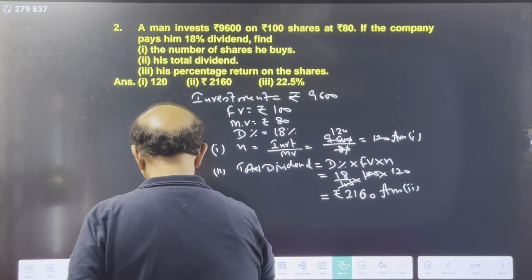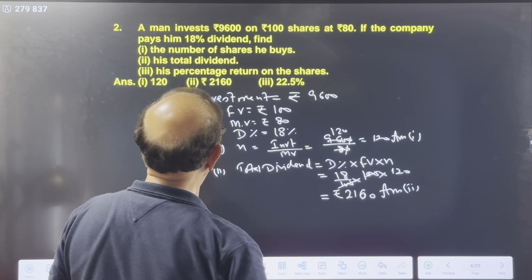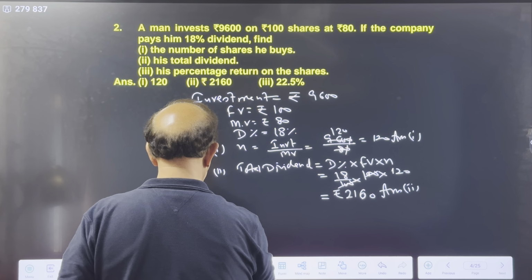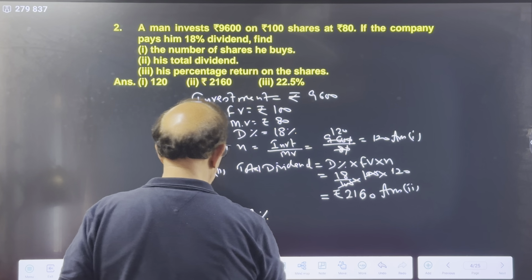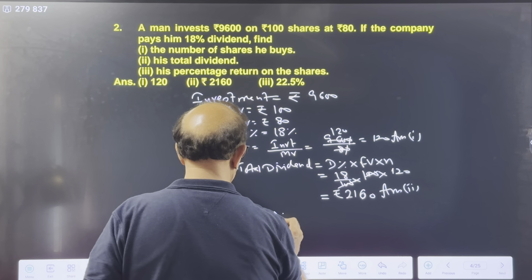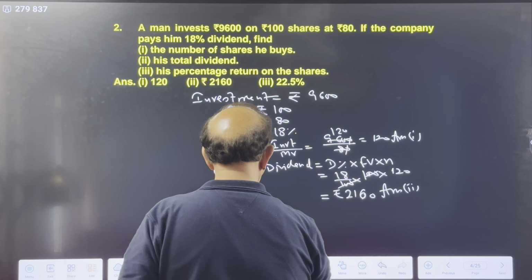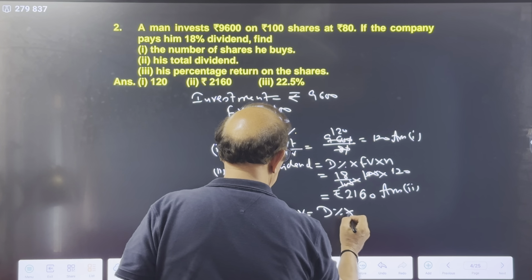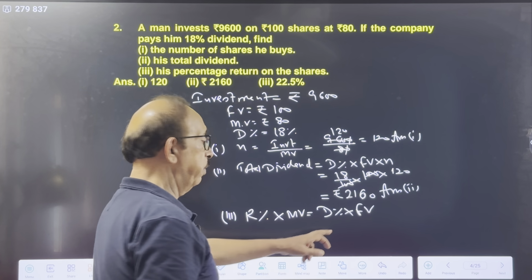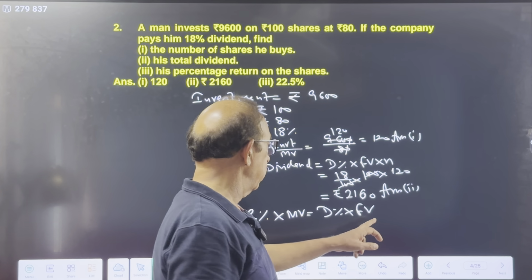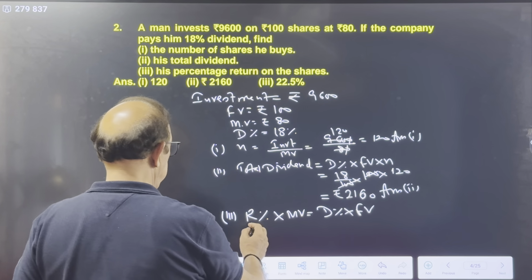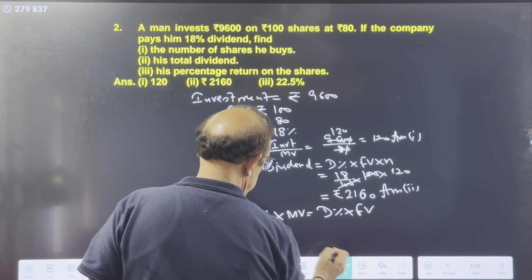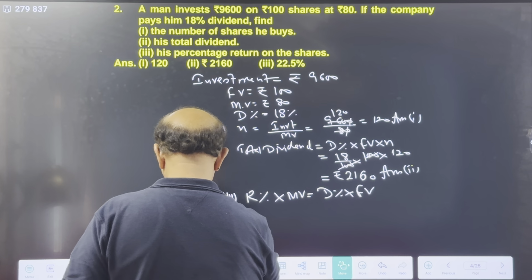Now his percentage return on the shares. Percentage return means return on your investment. That is R%. What is the formula to calculate R%? R% into MV is equal to D% into FV. Dividend is always calculated on the face value and R% on investment, that is market value. So what is given? You have to find R%.